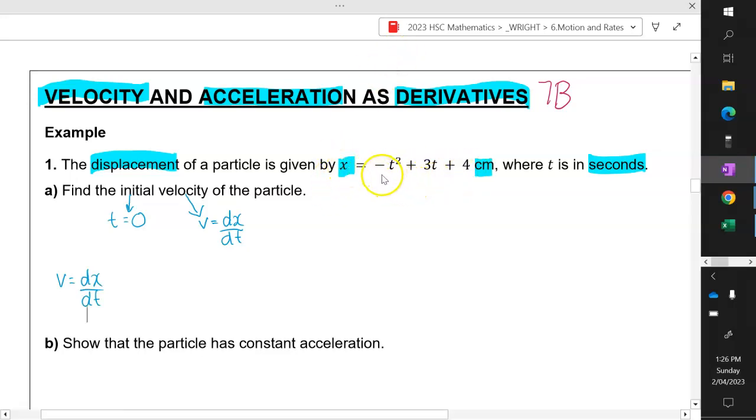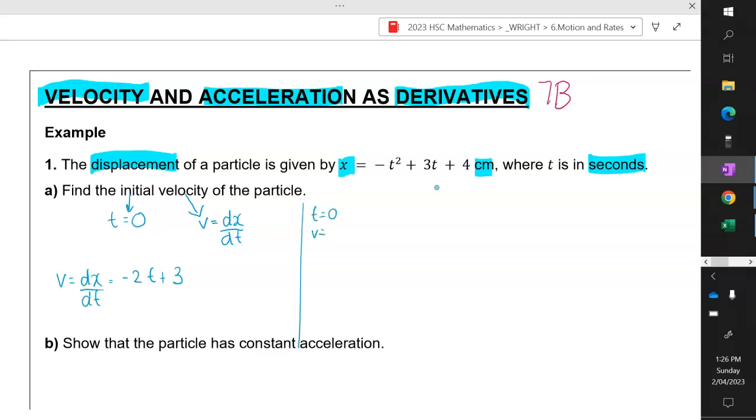So we're right to straight off differentiate that. So differentiating that, we're going to be getting minus 2t plus 3. And we want to find our initial velocity. So we want to find velocity when time is equal to 0. So I'm just going to put 0 into the equation.